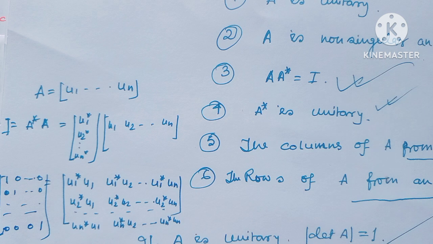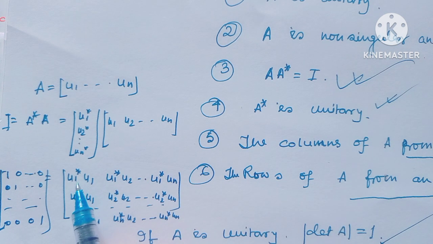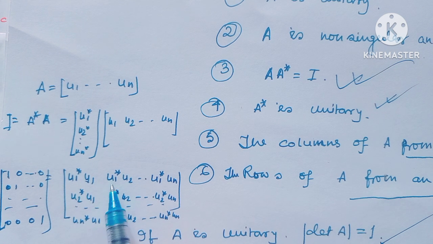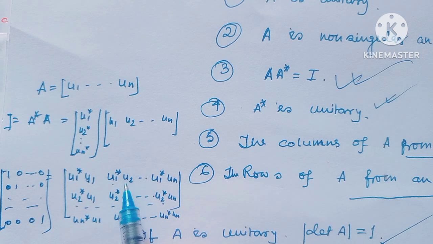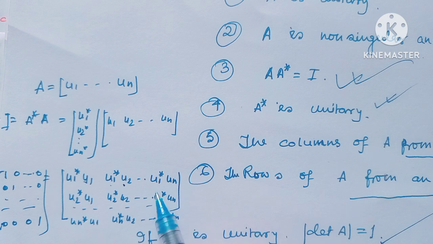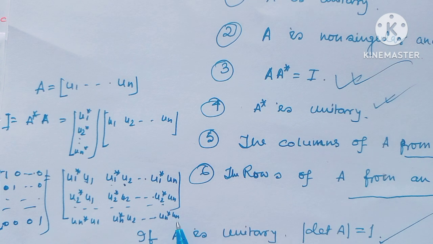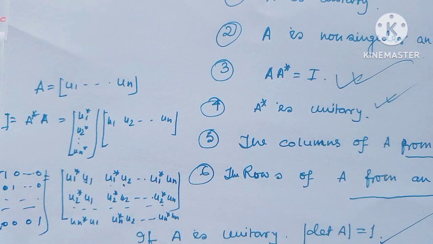That implies u1 star u1 equals 1, u1 star u2 equals 0, and u1 star un equals 0. Similarly, u2 star u2 is 1, un star un is 1, and the other values are 0.